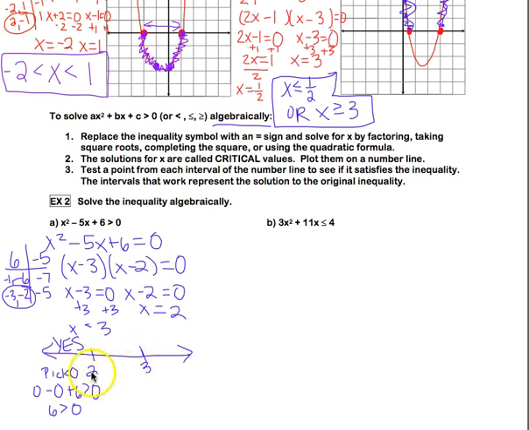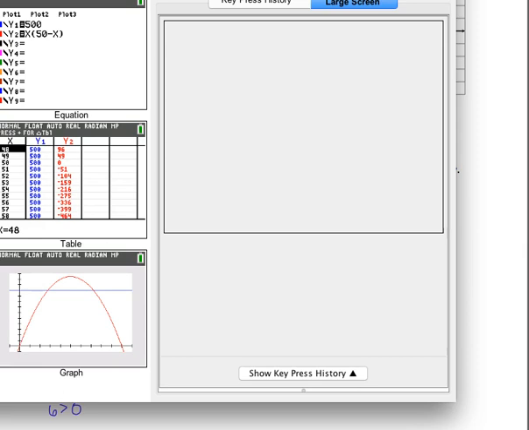So since these are both integers, I'm going to have to pick a fraction or a decimal. This is just our work, so you're allowed to use a decimal. So I'm going to pick 2.5 just because it's smack dab in between. You probably want to use your calculator. I bet that most of you can't square 2.5 or multiply it times 5 just in your head, and that's fine. Use your calculator to help you.